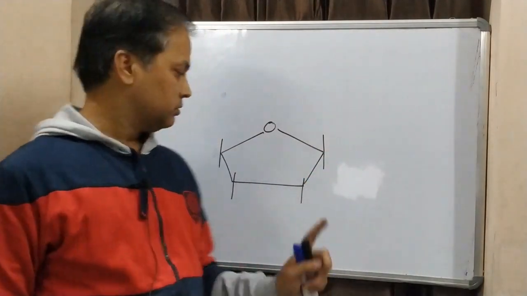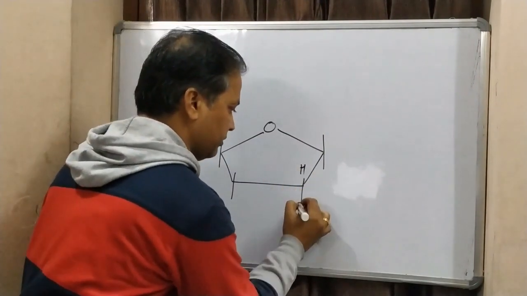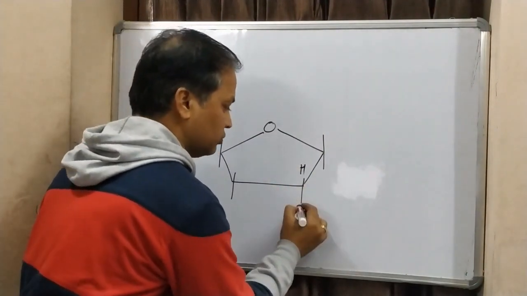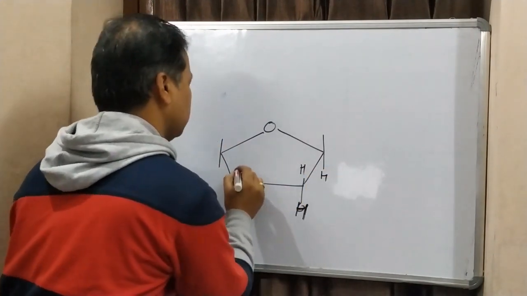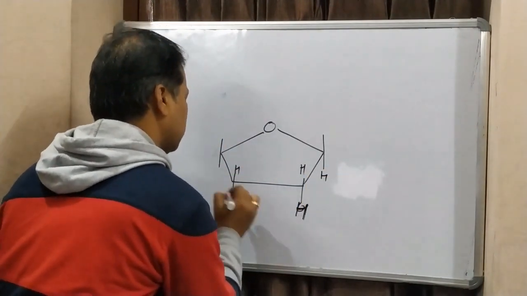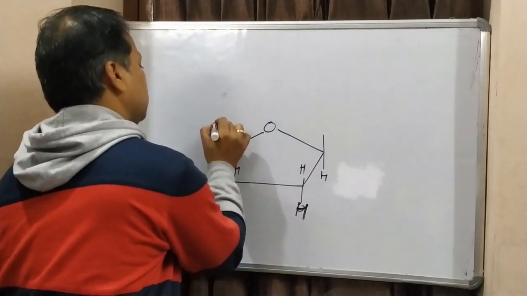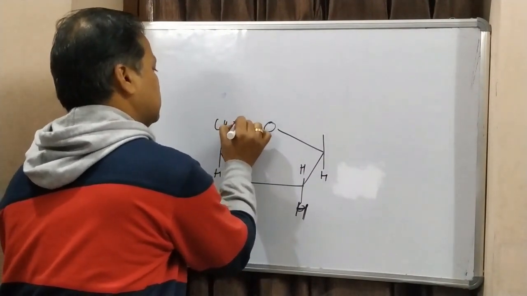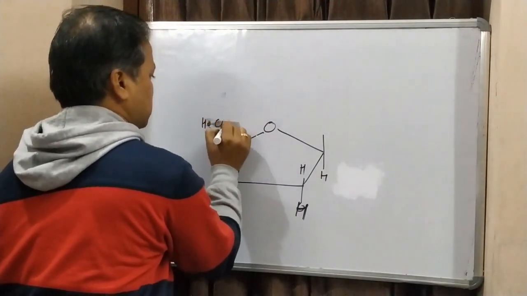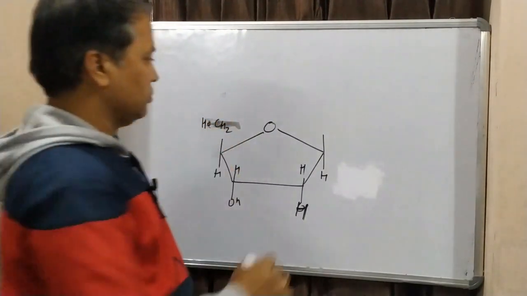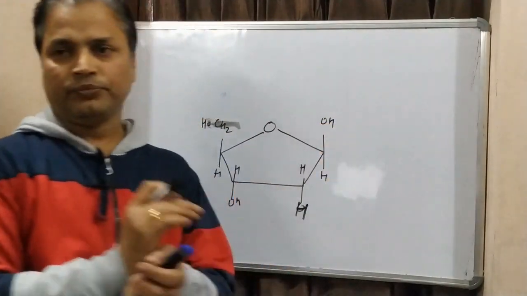This is our sugar. Because I'm talking about deoxy sugar, I will write only hydrogen, OH, hydrogen. This is the sugar and this is OH.